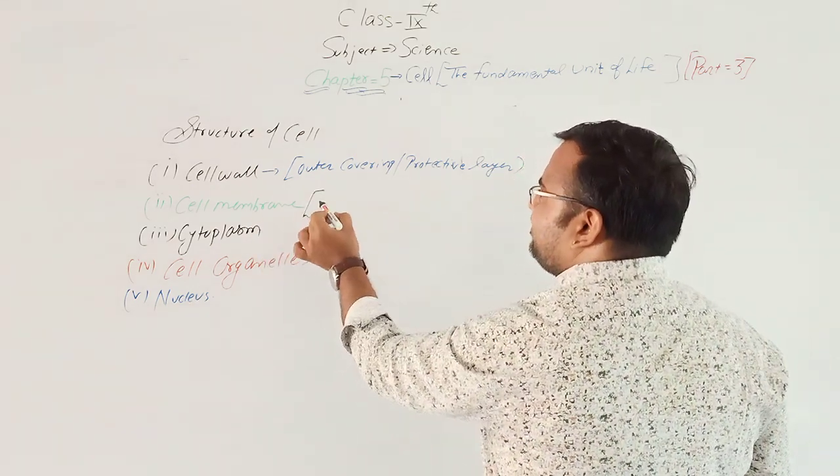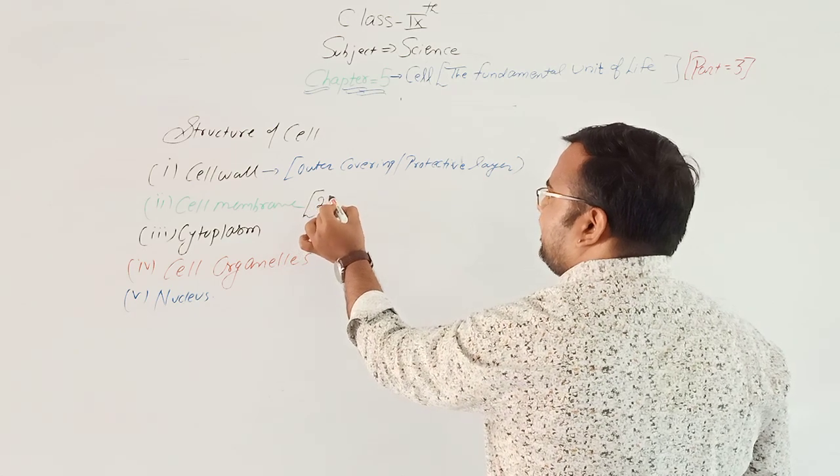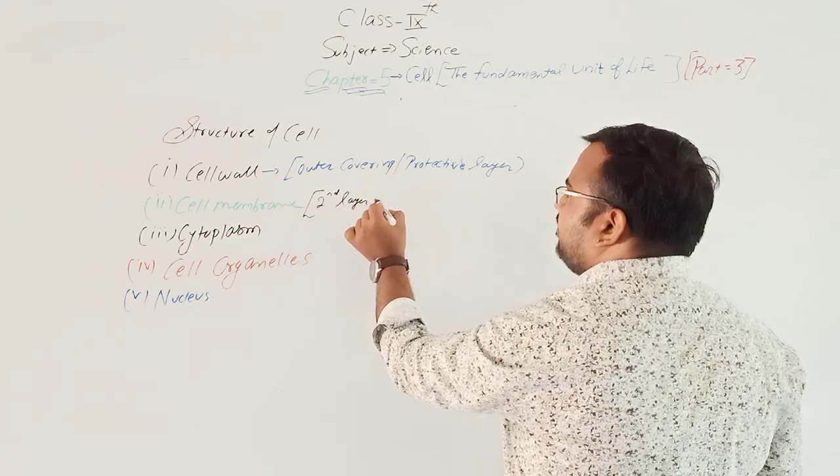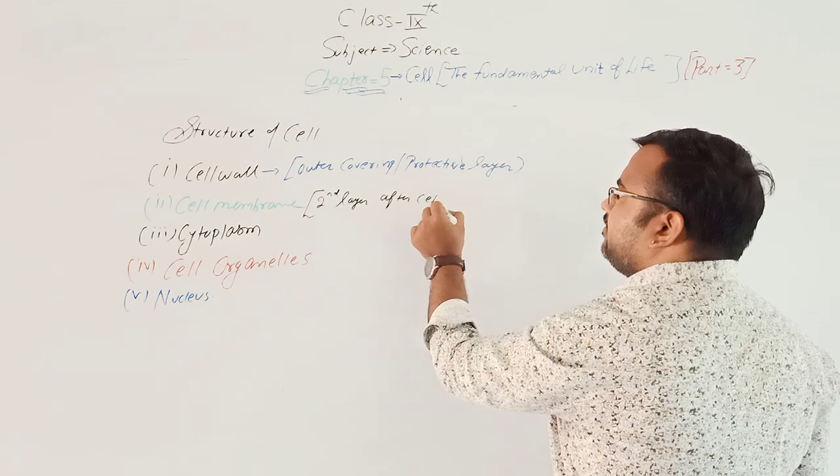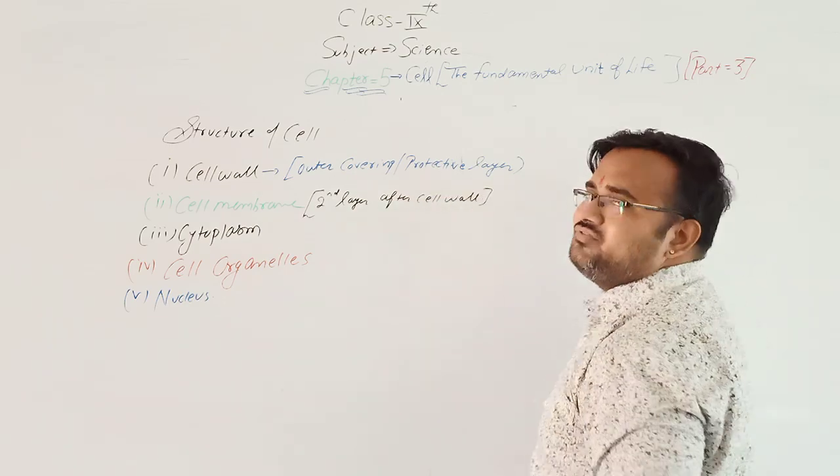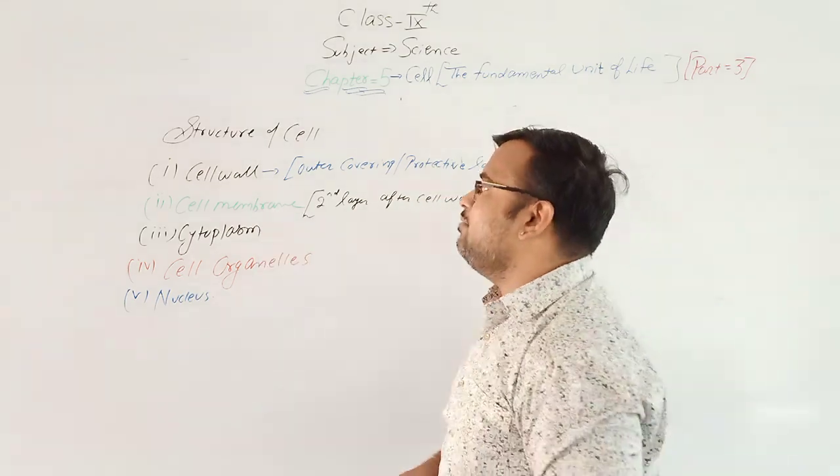Cell membrane is the second part, the second layer after the cell wall.